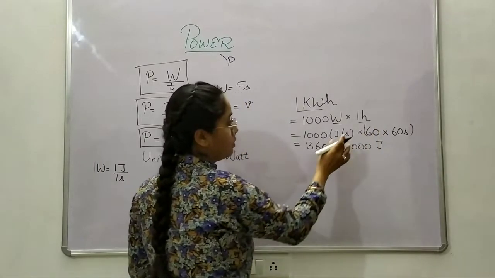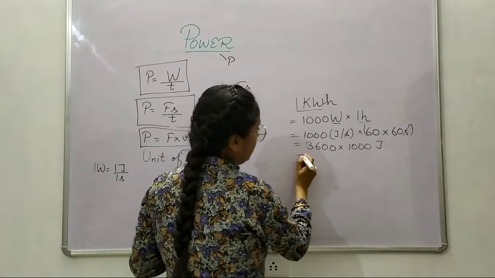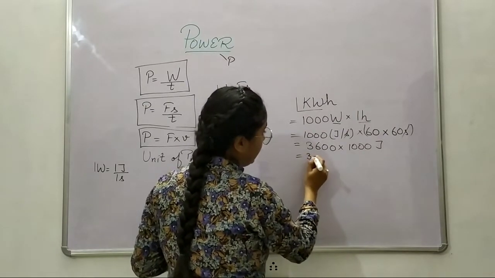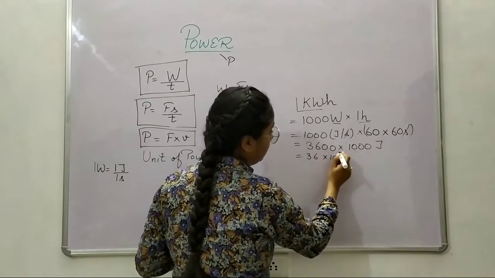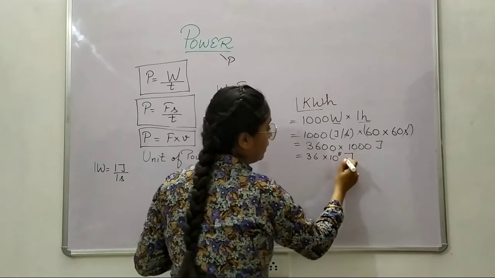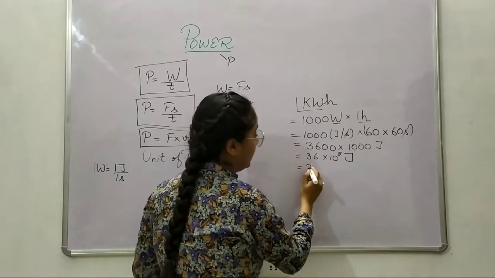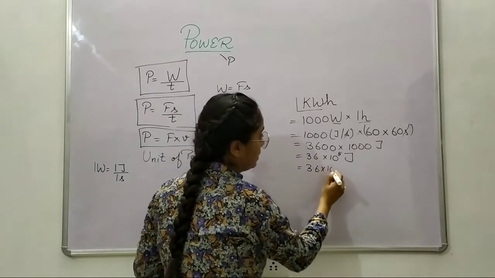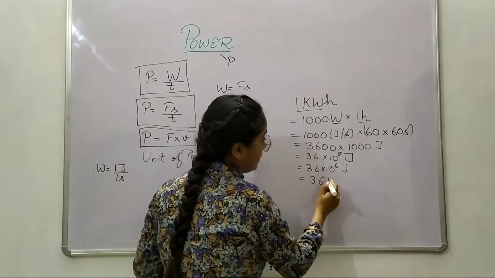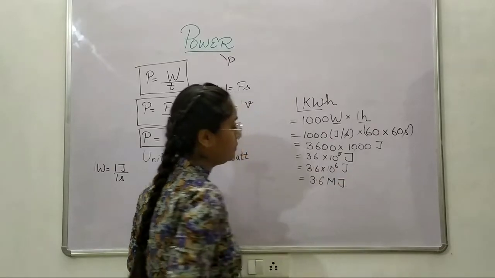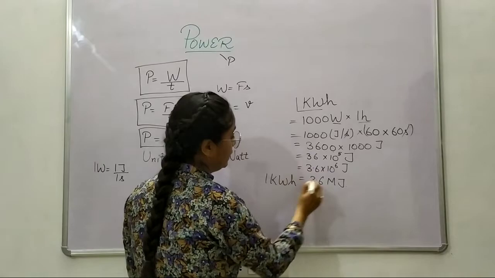Only joule is left because second cancels with second. So it can be considered as 36 into 10 to the power 5. If I'm trying to convert it into megajoule, I can also take 10 from here. It will be 3.6 into 10 to the power 6 joule, which is 3.6 MJ. So it is equal to 1 kilowatt hour.